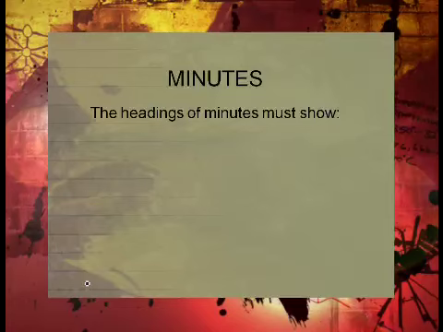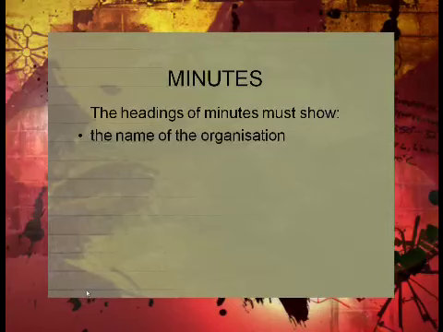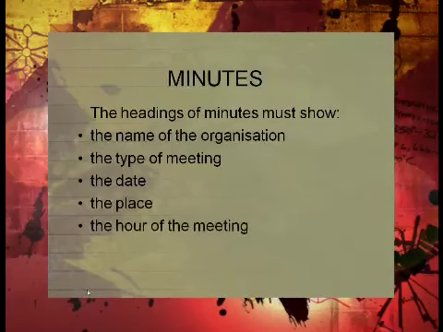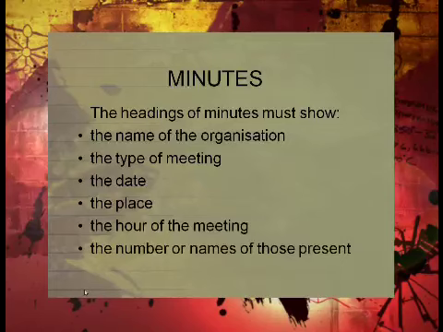When we come to the headings of minutes, they must show the following things: the name of the organization, the type of meeting, the date, the place, the hour of the meeting, the number of people who were present.